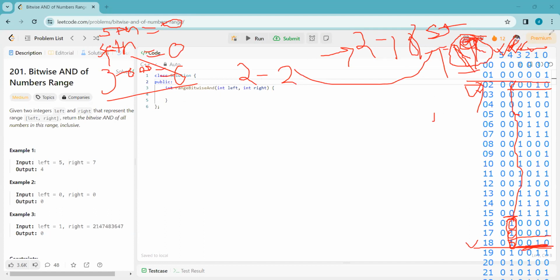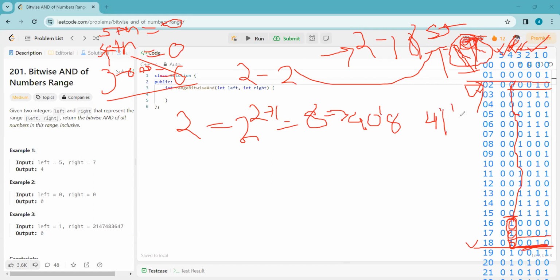Now for the second bit position, 2, the pattern will repeat after 2 plus 1, that is 8. After 8 numbers, our pattern will repeat. That is, the first 4 numbers will contain zeros and the next 4 numbers will contain ones.